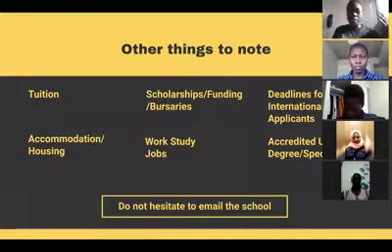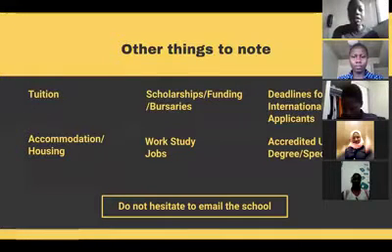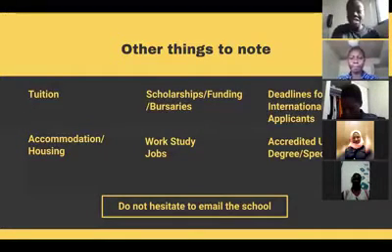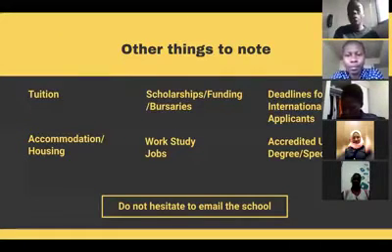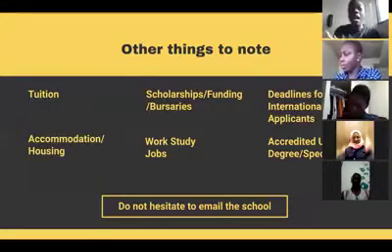Then the last point is accredited university degree slash specific CGPA. Most universities have CGPA requirements before you apply, and you have to check that. They require a certain CGPA, maybe 3.0, for example. So you have to ensure that your CGPA meets that requirement to be able to apply.